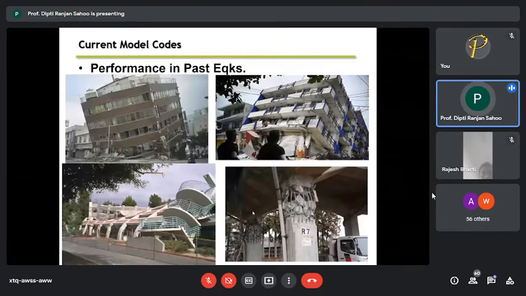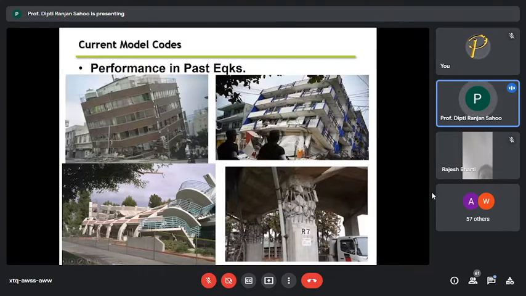These are some photos which show that the current design provisions are not adequate. Not only in India, but all around the world. All these buildings or structures have been designed following the current code of practice, either the response spectrum method or the equivalent force method.